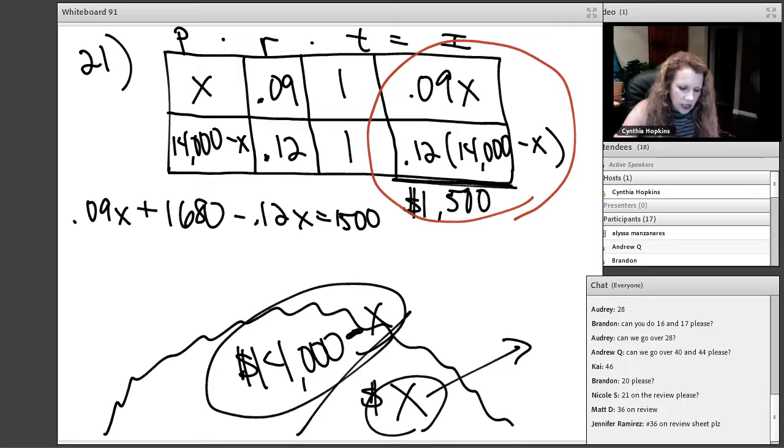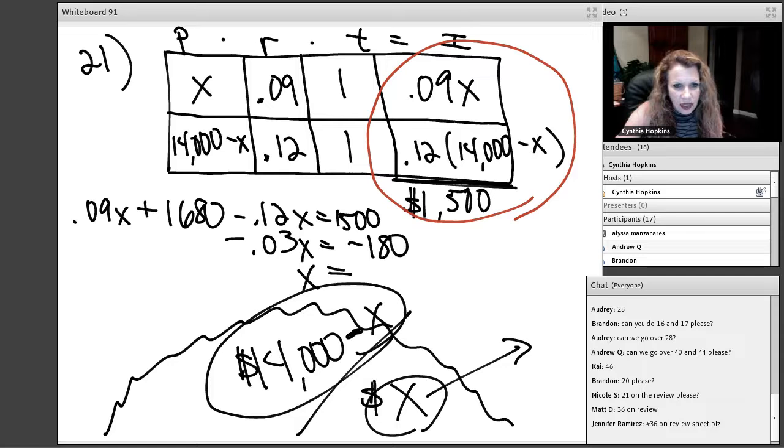Okay, if I take 0.09 and subtract 0.12, I get negative 0.03x. So then when I take 1500 and subtract 1680, it should make sense actually that I got a negative, because when I divide my negative by negative 0.03, I get positive 6,000. There's no way you can get a negative answer for money.